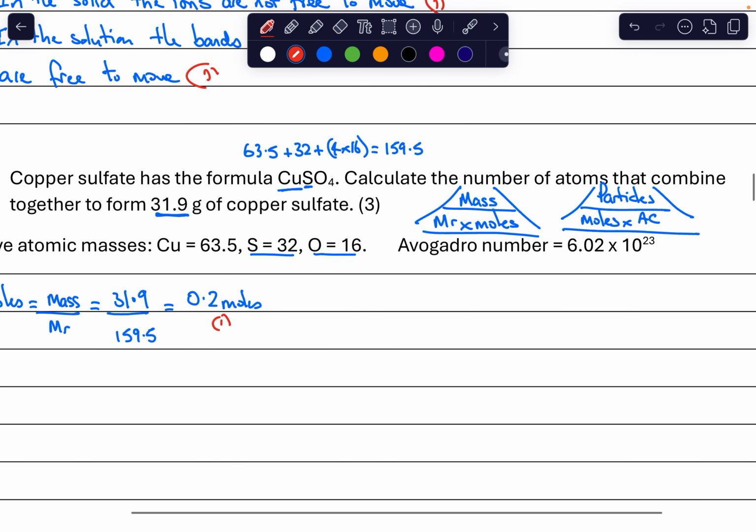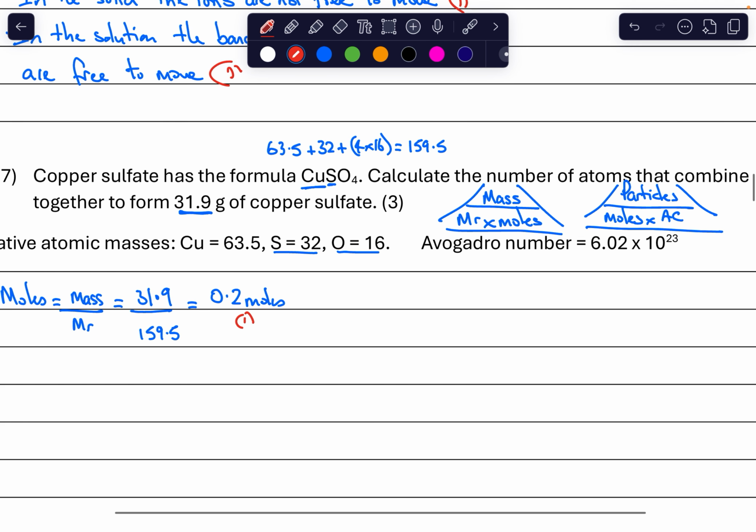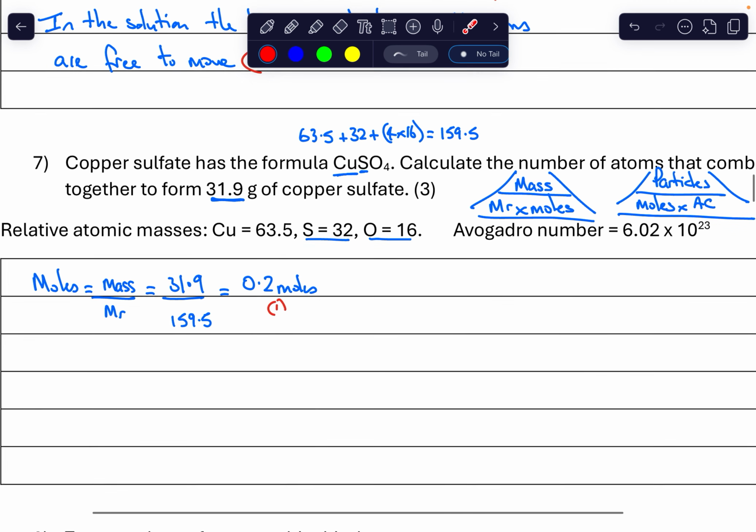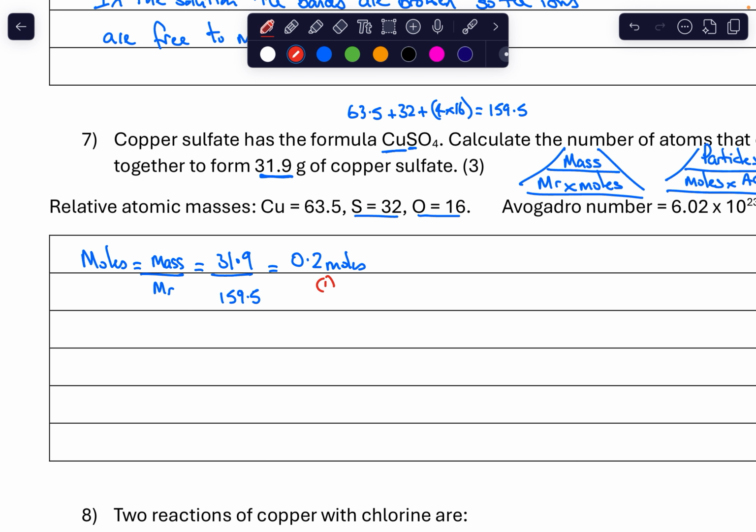So it now wants me to calculate the number of atoms. So I'm going to use the second triangle, because the second triangle, if I want to work out the number of particles, in this case they're atoms, I do moles times Avogadro's constant. So here, let's do the number of atoms equals moles times Avogadro's constant.